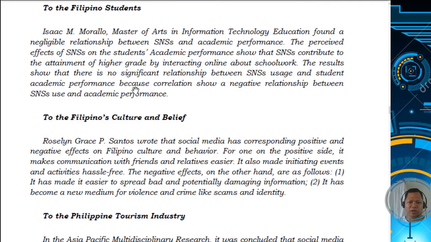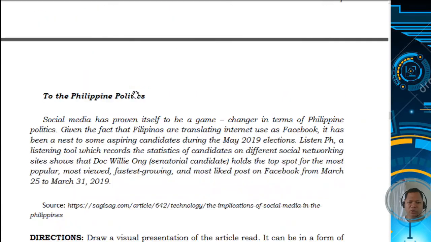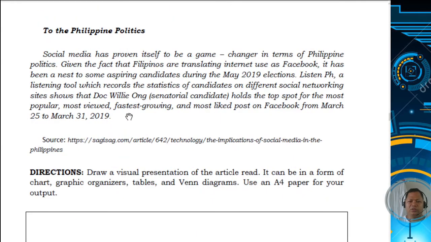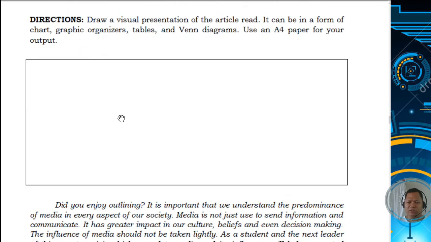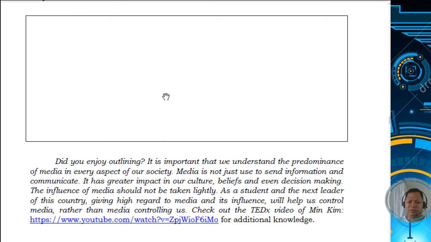We have four articles. Draw a visual representation of the article read. It can be in the form of a chart, graphic organizers, tables, and Venn diagrams. Use an A4 paper for your output. For example, this is your output. Then email it to me.